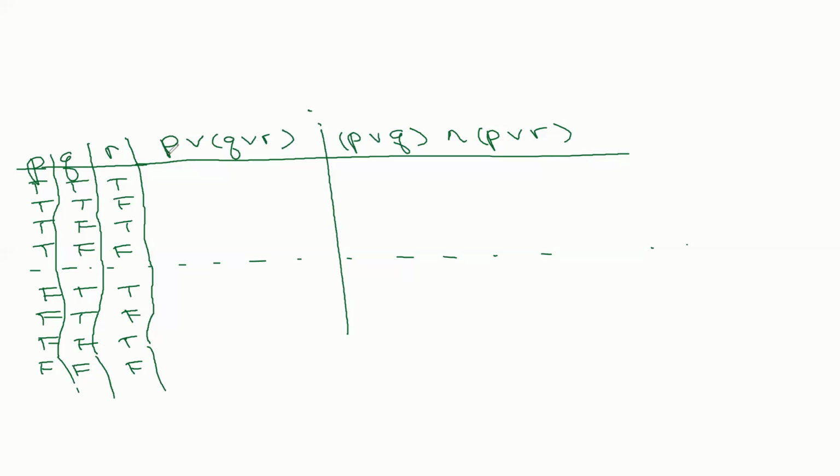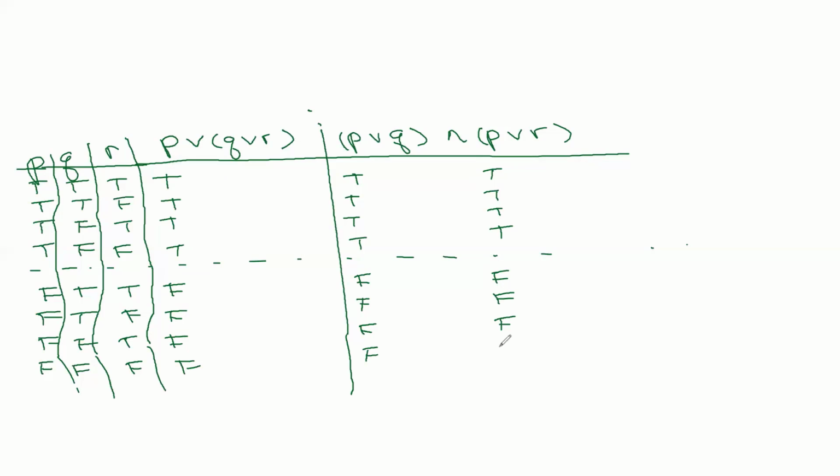Okay, so here we have P, true, true, true, true, false, false, false, false. And here we have P, true, true, true, true, false, false, false, false. Q is two trues, two falses, so true, true, false, false, true, true, false, false.